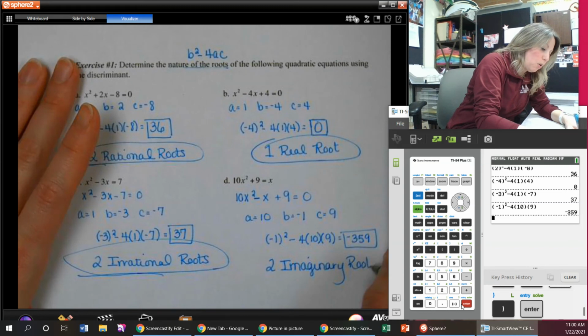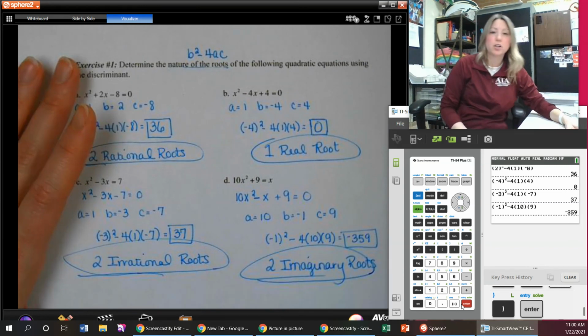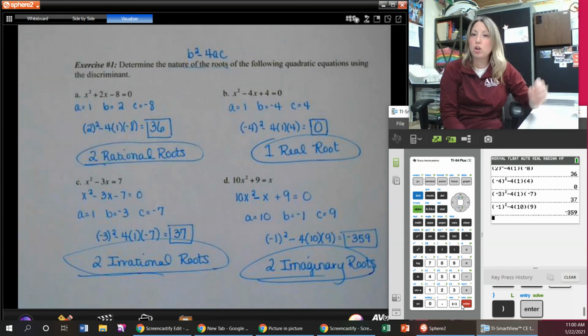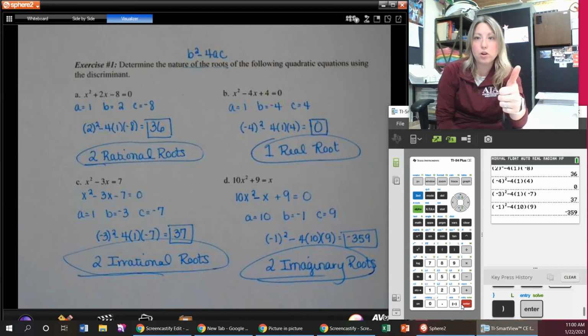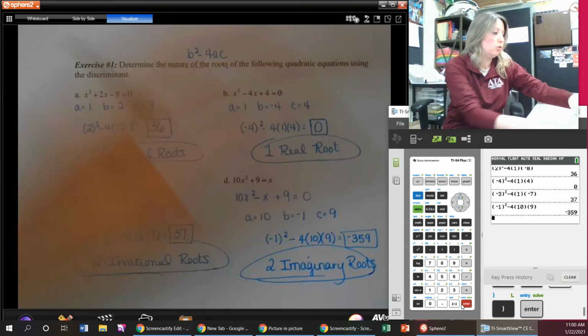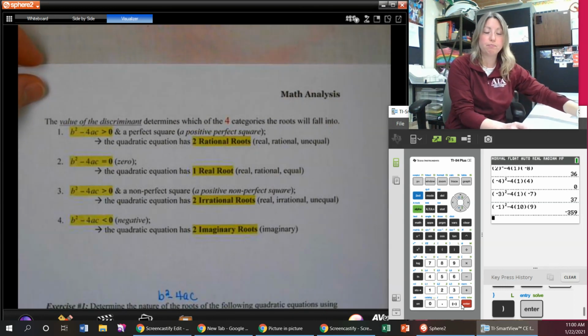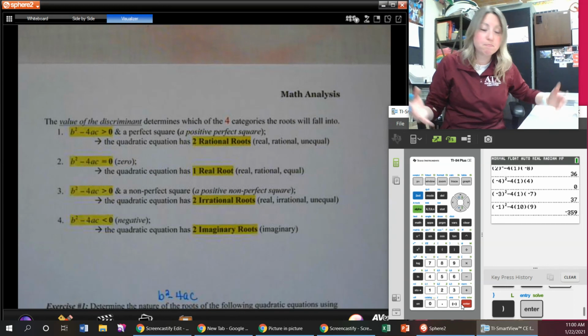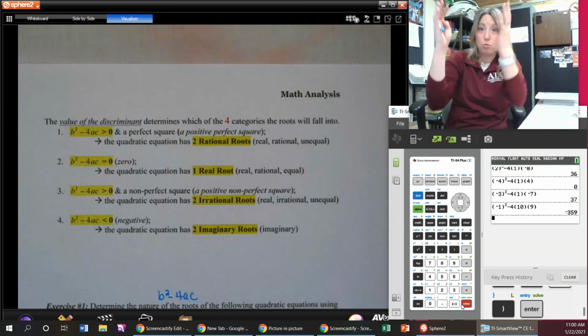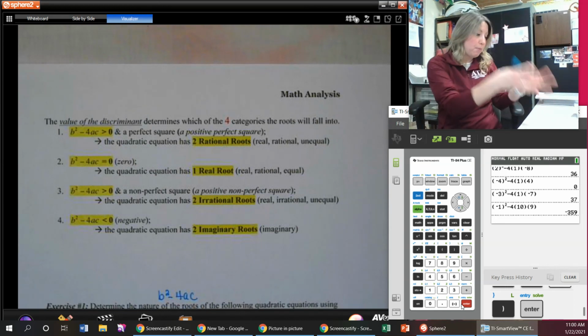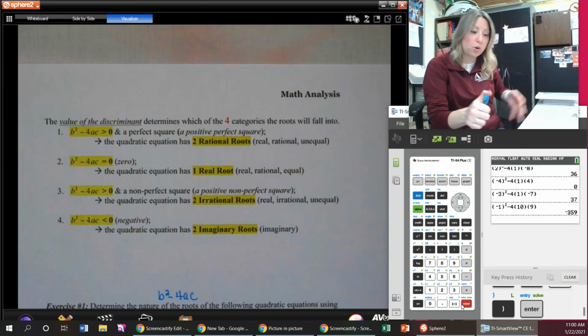And that is what we are working on for our homework tonight. Just figuring out what the discriminant is and what it means for the types of roots. Use this right here to help you with that. That's what I used this whole time. Use those examples. I gave you one of each that went with one of those 4 situations.